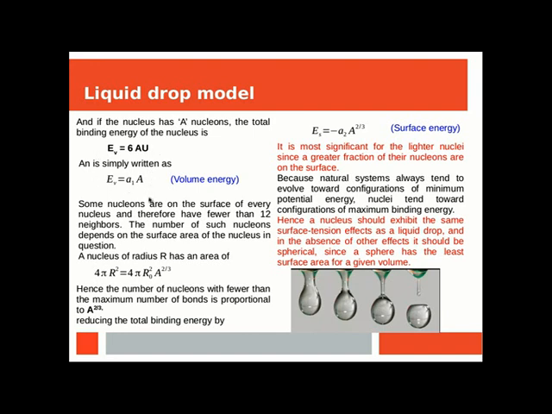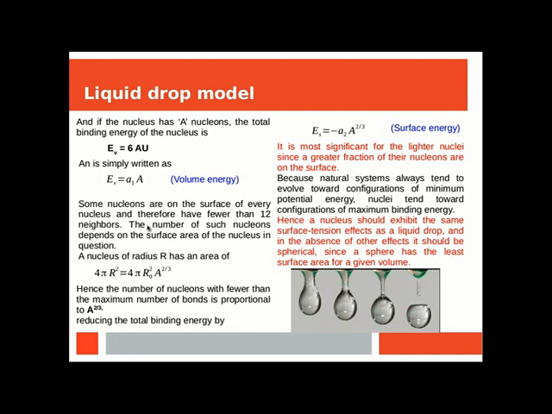But you know that in coming to this formula, we have assumed that all the nucleons in this nucleus are interior nucleons, which is not practically possible. There are always nucleons present on the surface.